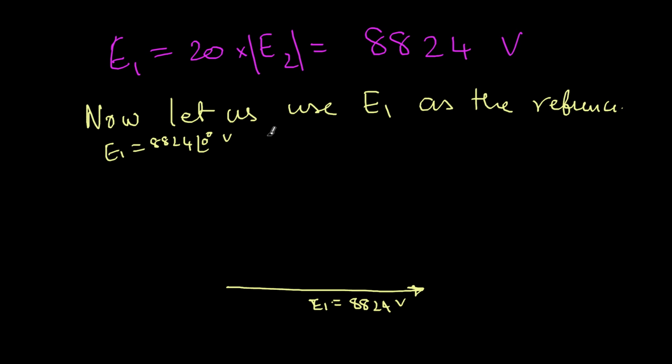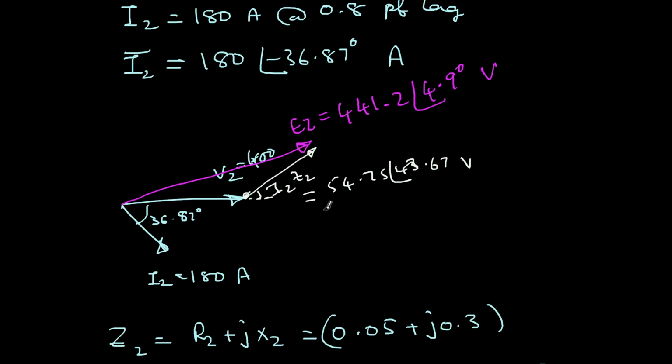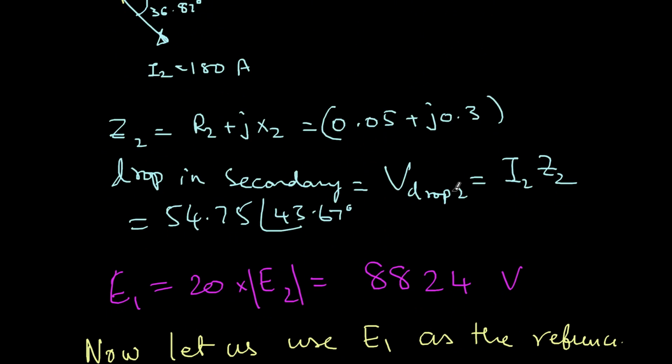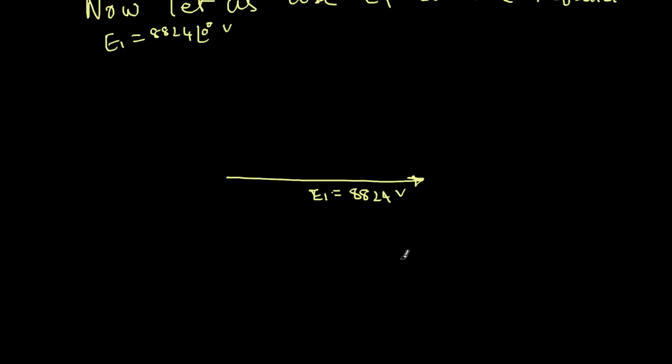Strictly speaking, what is going to be the angle of E1? E1 will be exactly opposite to E2, so up to here is 180, and the total angle will be 184.9 degrees. I don't want to complicate it that way. I just want to simplify my solution, so I'm changing the reference. Now I can add other things.